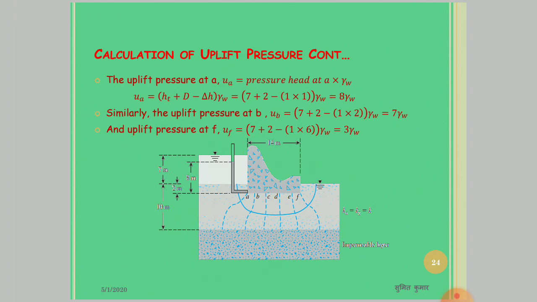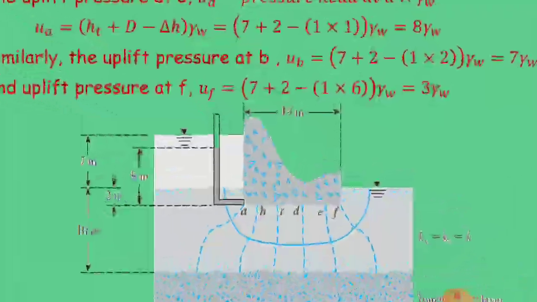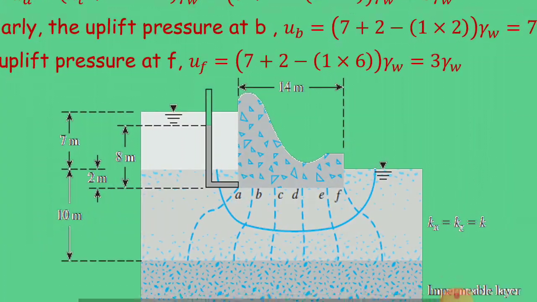The uplift pressure at any point is equal to the pressure head at that point times the unit weight of water. In this figure, the pressure head at point A will be the height of water at that point minus the head loss. At point A, the total head is 7 plus 2 meter, that is 9 meter.